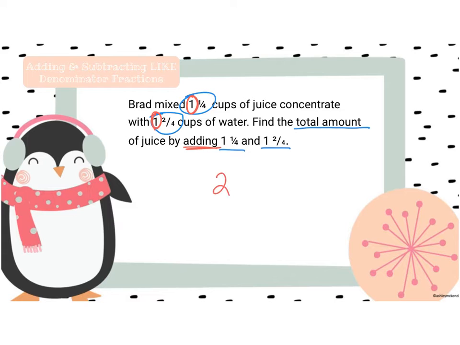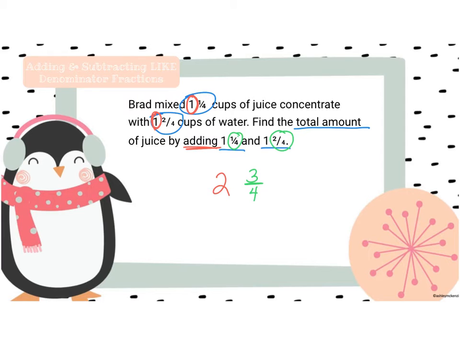So my whole number is going to be 2. Well then what do I do with my fraction pieces here? I have 1/4 plus 2/4. This is just like the drawing I had a second ago. My denominator is going to stay what? 4. It'll stay 4. It's the same. All I'm doing is working with the numerator. So 1 plus 2 is 3. So my final answer is 2 and 3/4.